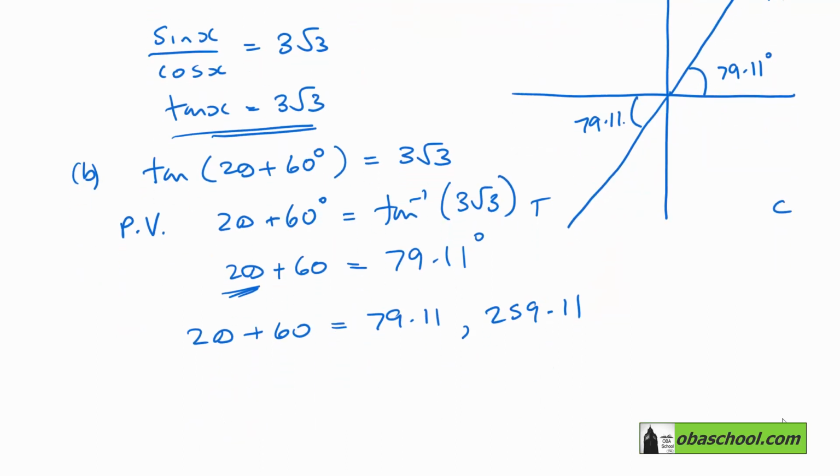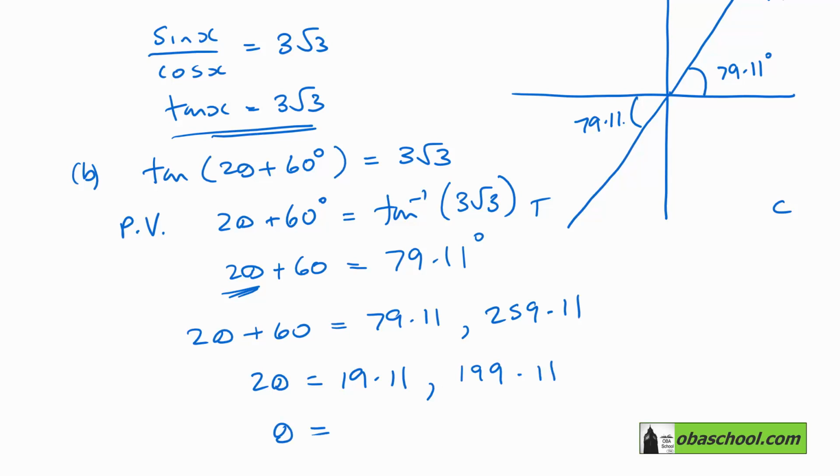And then we need to subtract 60 from each of those. So the first one is going to be 19.11, and the second one will be 199.11.